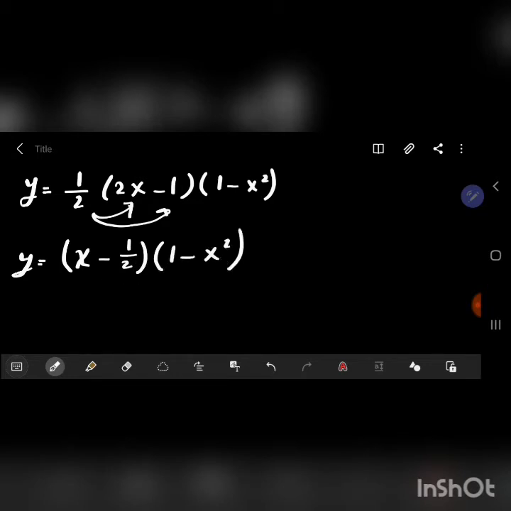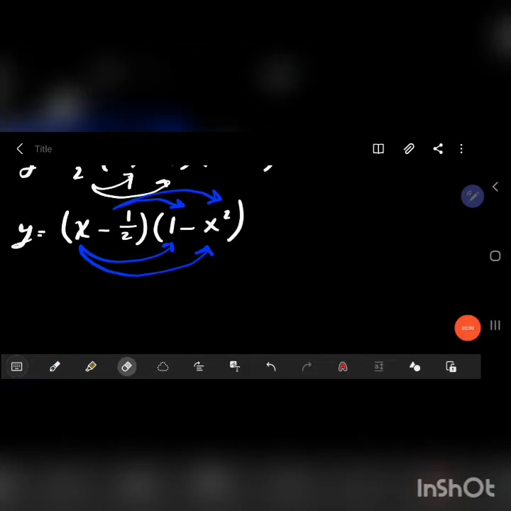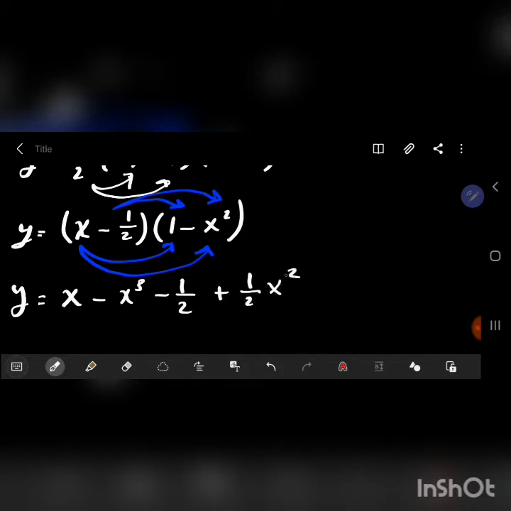So here I will distribute x to 1 and minus x squared, and distribute minus half to 1 and x squared. Now x times 1 equal to x, x times minus x squared equal to minus x to the power 3, minus half times 1, minus half times minus x squared, plus half x times x squared.